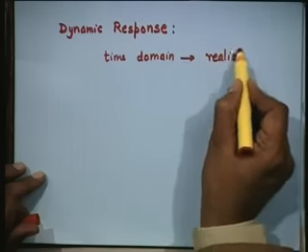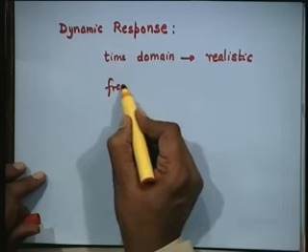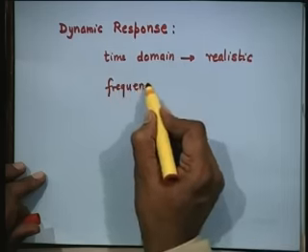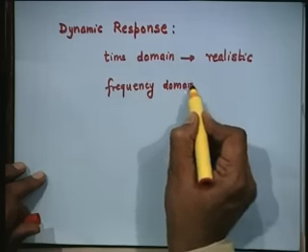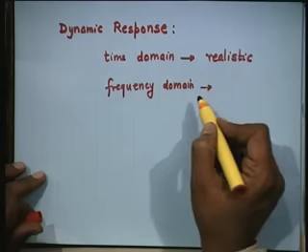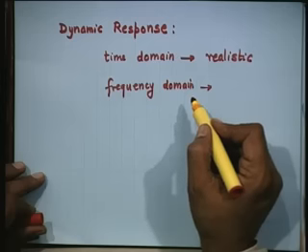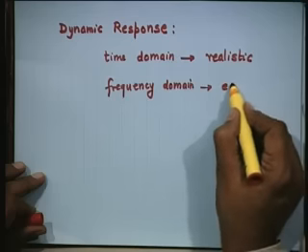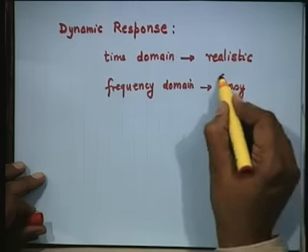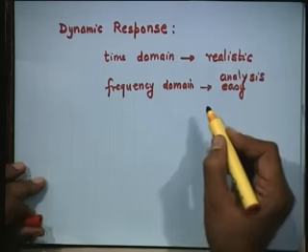So, if you can work in time domain, it is wonderful, but if you can't because of mathematical convenience, then there is a frequency domain. For example, certain things are easy in frequency domain. What is a simple multiplication in frequency domain becomes a convolution integral in time domain, which is not easy to solve. So, analysis is easy.